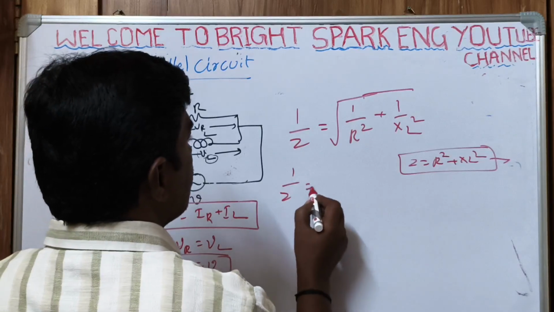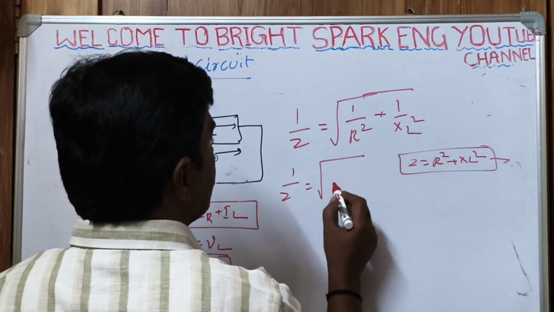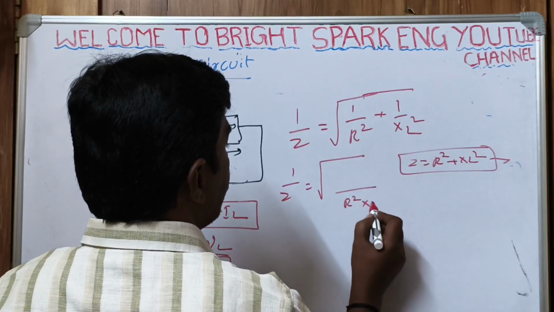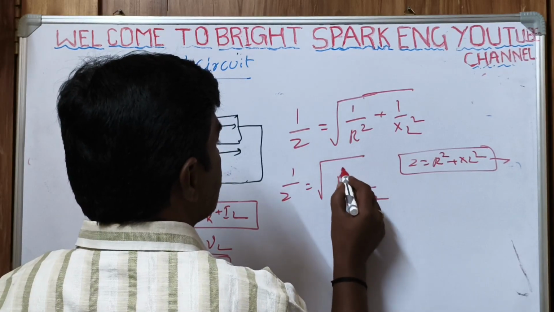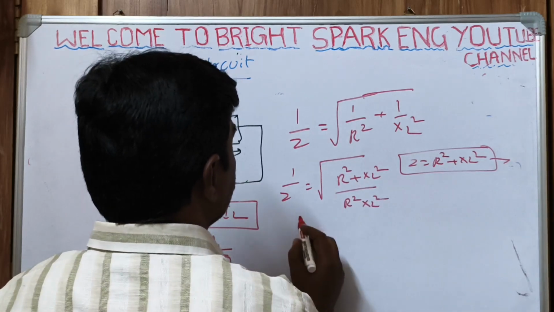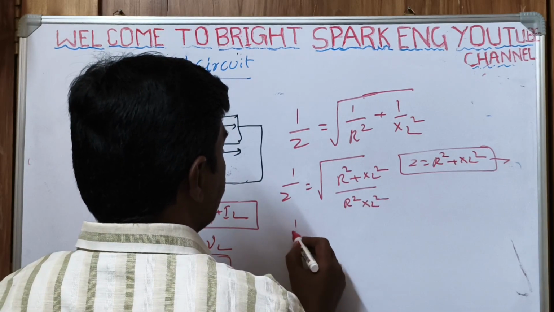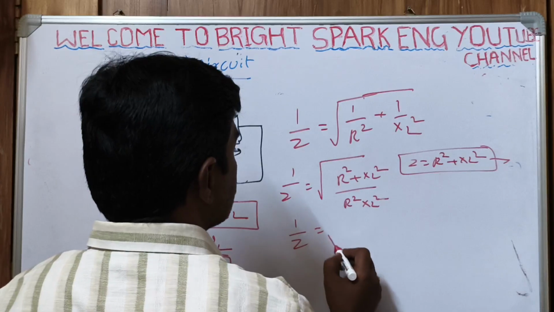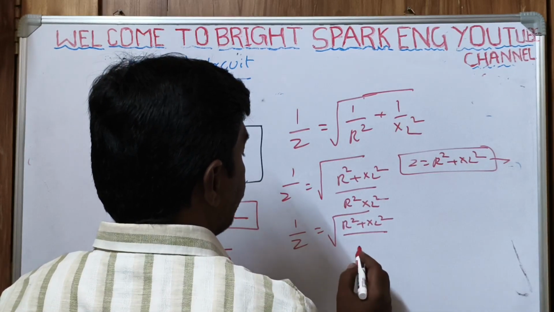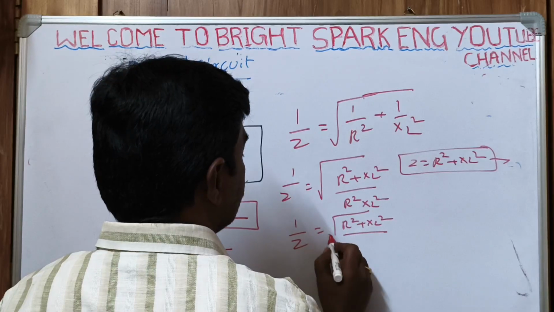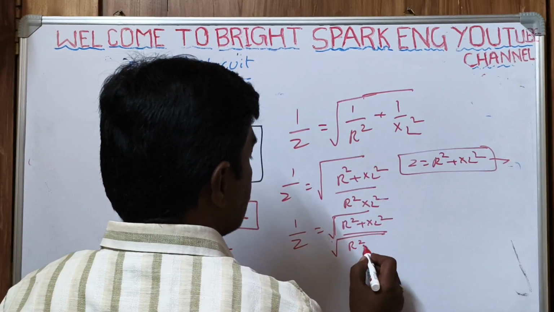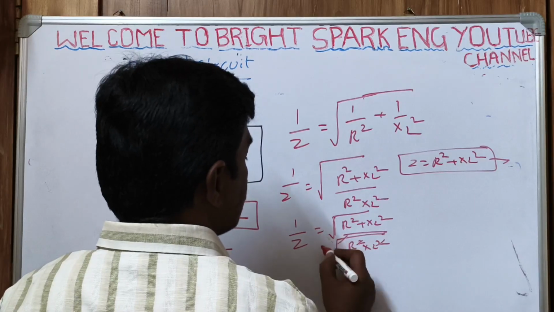Here 1 by Z is the square root of, taking the LCM, R square XL square. Here is R square plus XL square. Then 1 by Z is the square root of R square plus XL square divided by R square XL square. The square is cancelled.